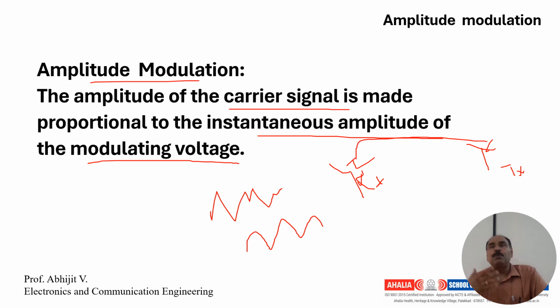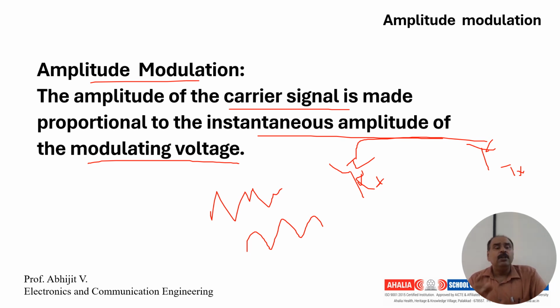Okay, this process is called modulation. Why we need modulation is a very important question that we'll see in detail as we go on. First you get an introduction to what modulation is, then we'll go into detail about why we need modulation. This is a very common question. This appears very commonly in your exams.